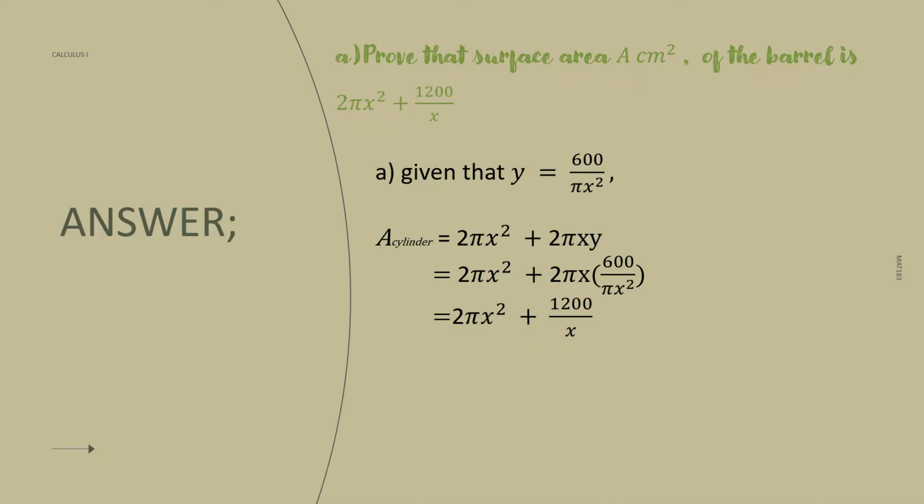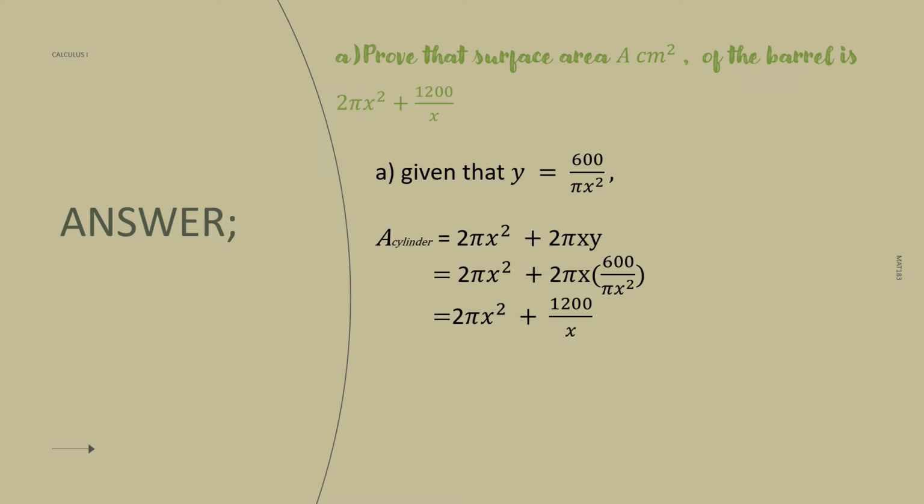For the first question, we have to prove that the surface area of the barrel is 2 pi x squared plus 1200 over x. Given from the question that y is 600 over pi x squared. We all know that the surface area formula for a cylinder is 2 pi radius squared plus 2 pi radius multiplied by height.